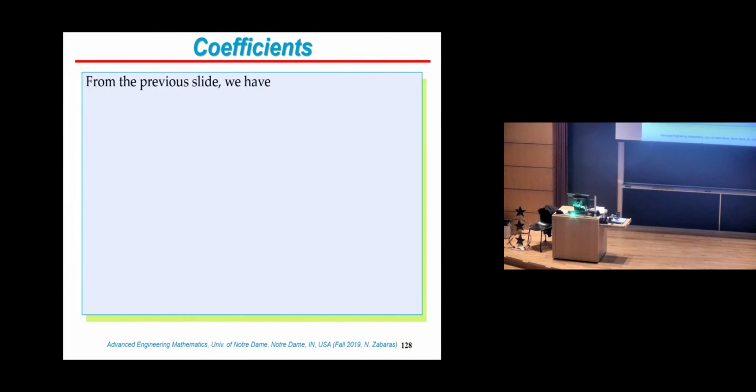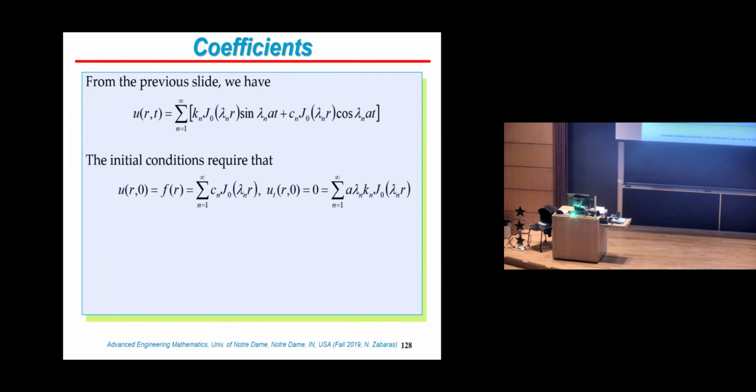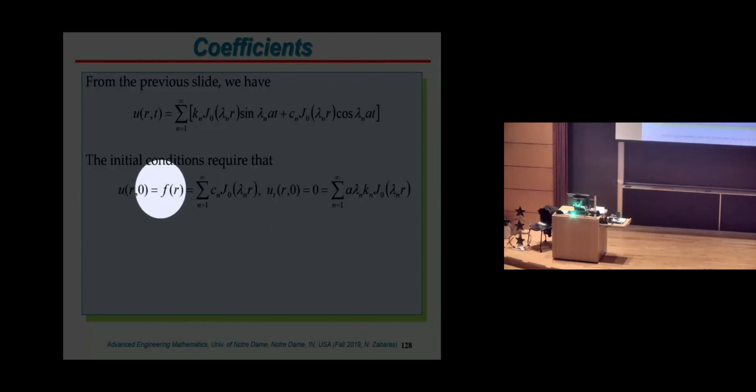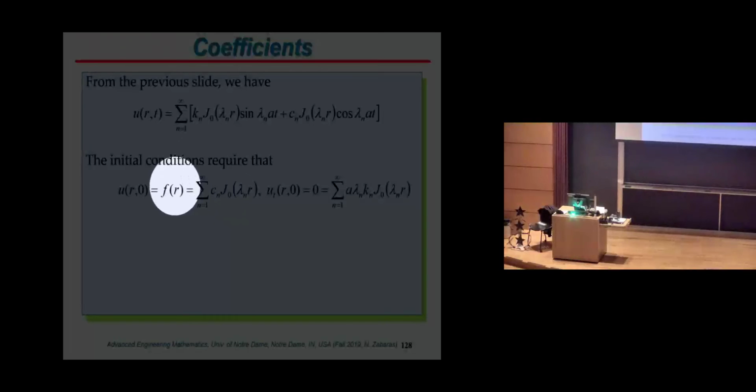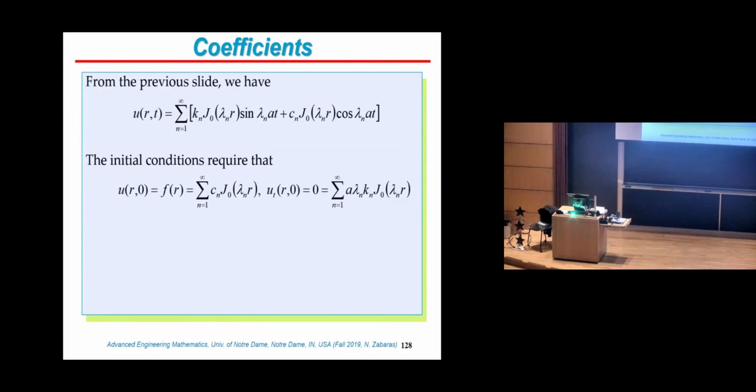And now if you go and apply the initial conditions, I'm just going to give you the answer only. You know the initial displacement is f of r, and the initial velocity is equal to 0. Will you be able to calculate the coefficient Cn for me? Give me a formula for Cn, fast. Cn will be the integral of f times, how much is my R function here?